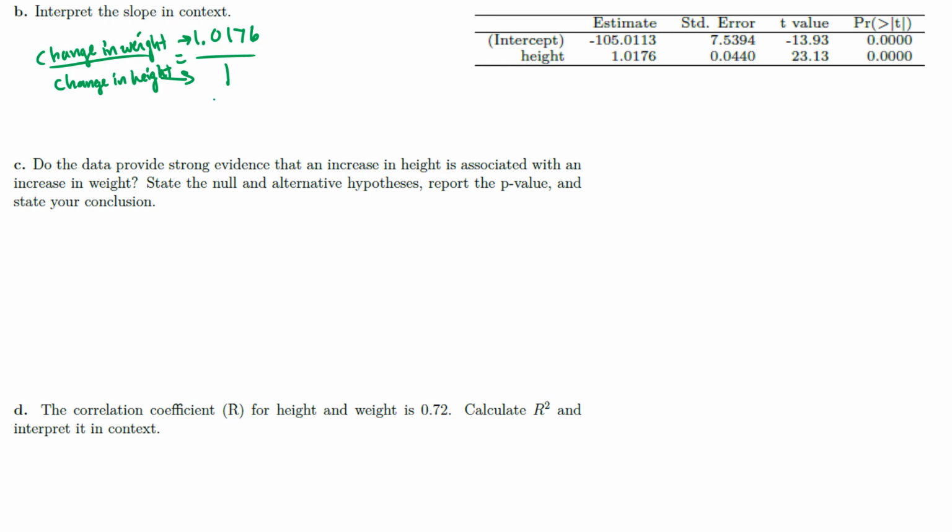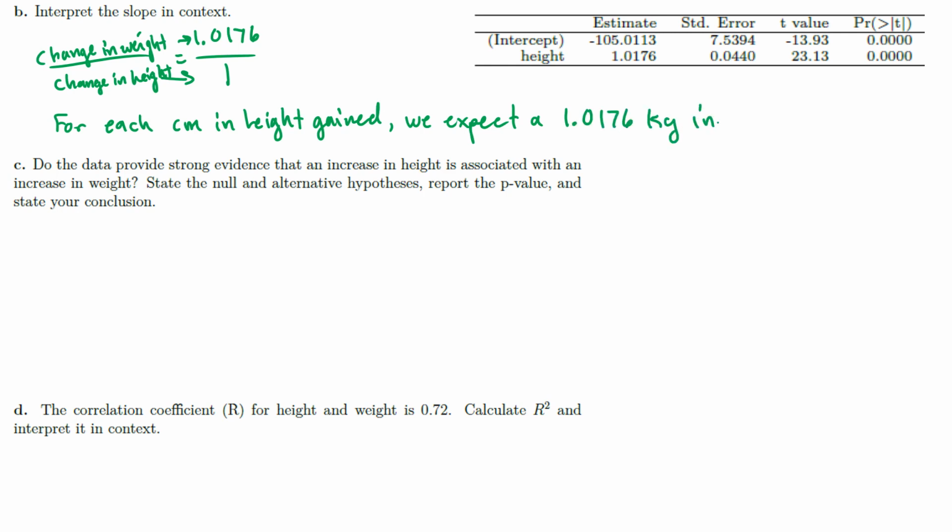So what we have here is that for each centimeter in height gained, we expect a 1.0176 kilogram increase in weight.